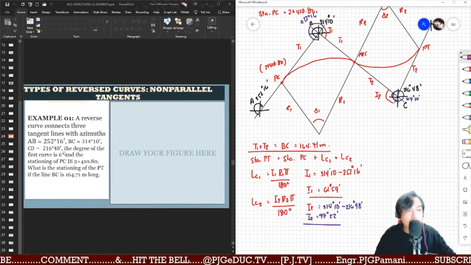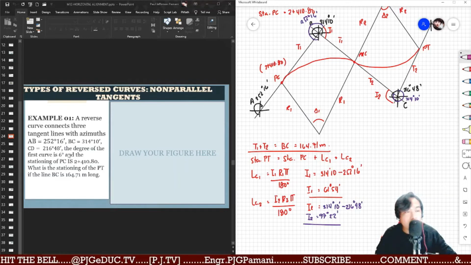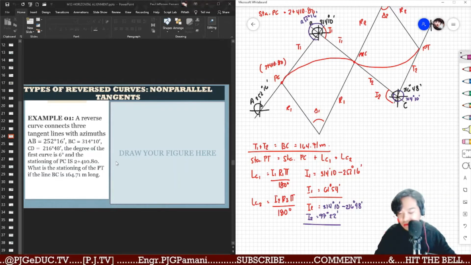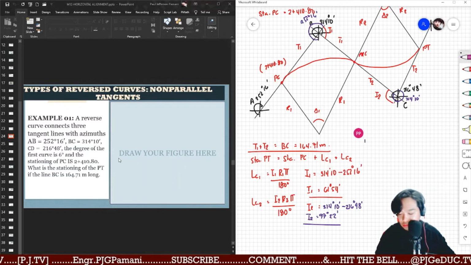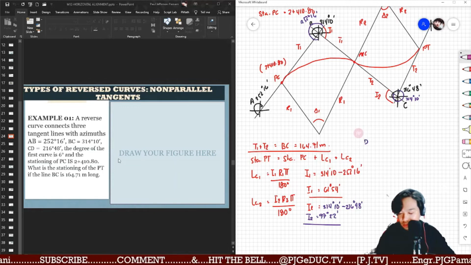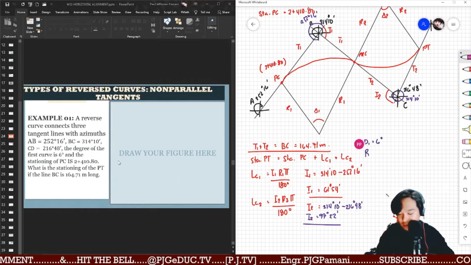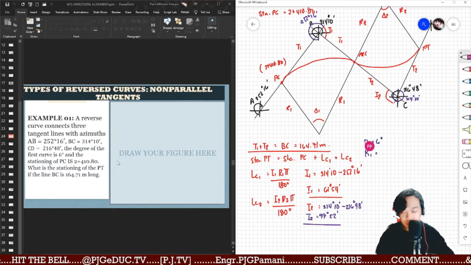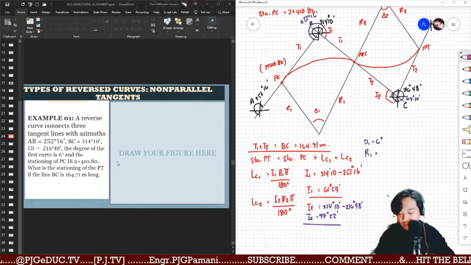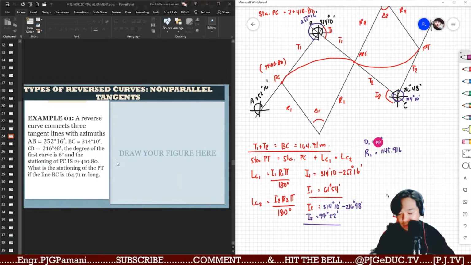But in the given problem, the degree of the first curve is 6 degrees. Remember our computation for the degree of curves. Using degree of curve, that is 1145.916 using the metric system.